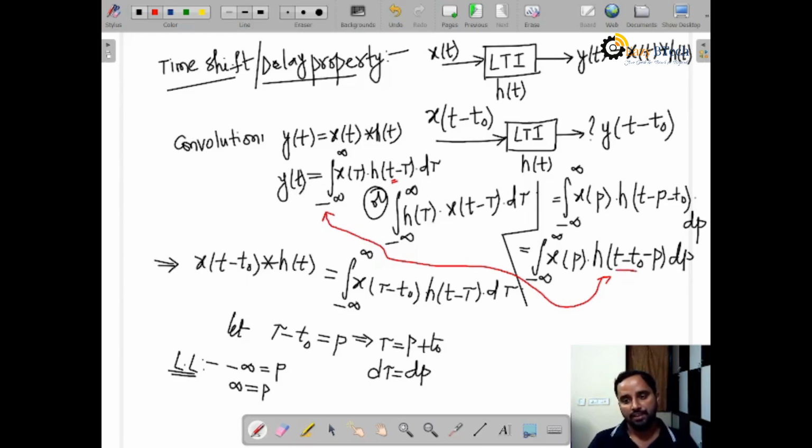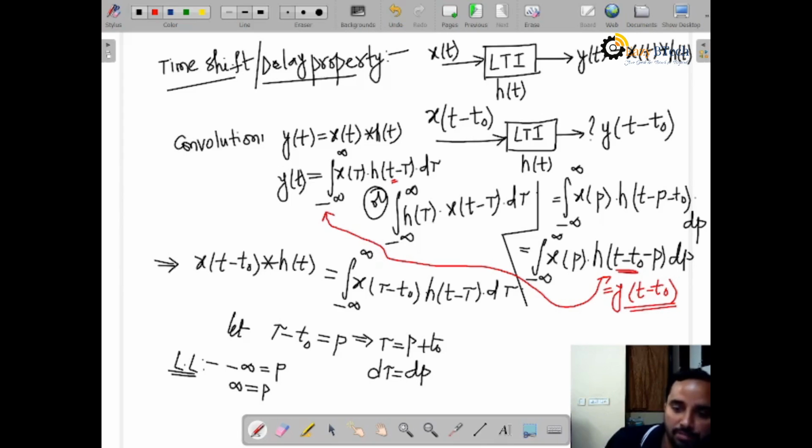But in the place of t, we have t minus t naught, h of t minus t naught. So this total integral will become y of t minus t naught. So this is the result.